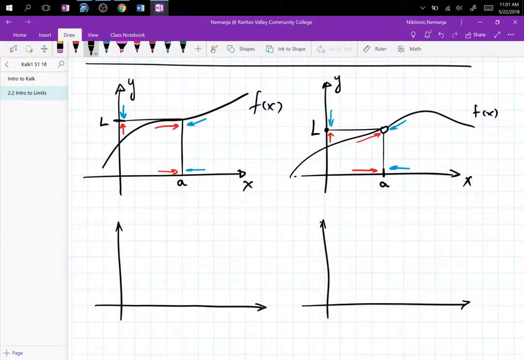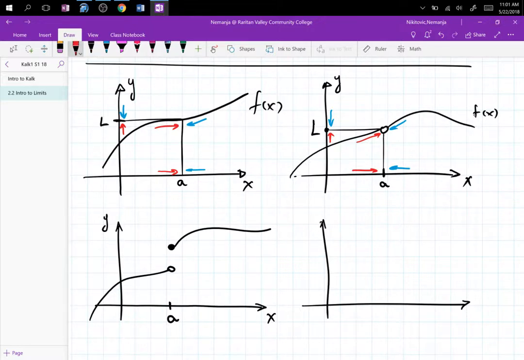Now, what I want to have over here is a function that is a piecewise function which has a jump like this. You see, in this case, your A is where the jump is, right? That's the interesting spot. The rest is well defined. Now look what happens.